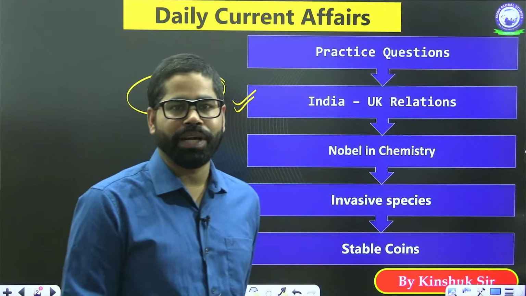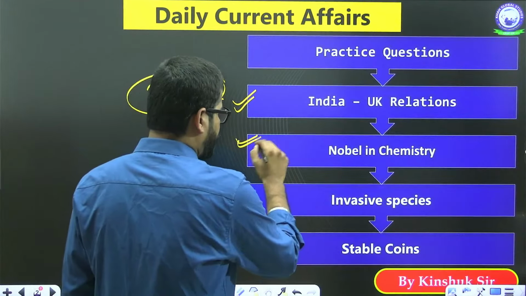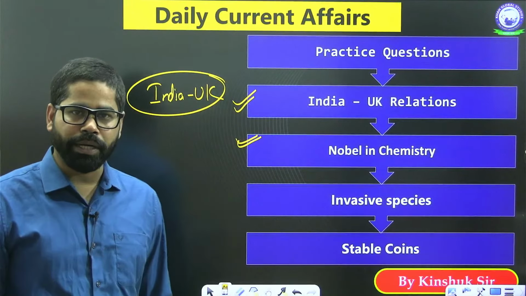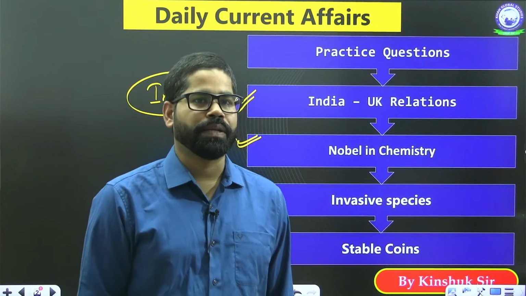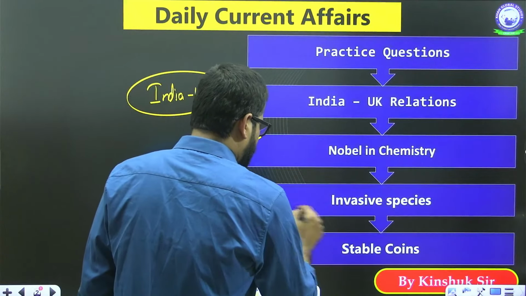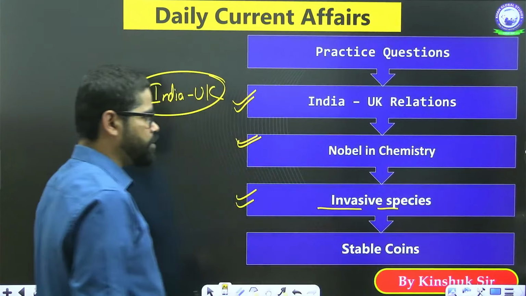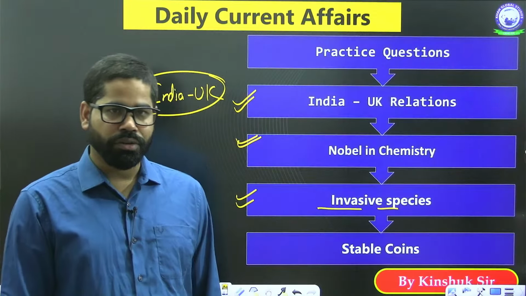The second thing we are going to discuss is the Nobel Prize in Chemistry, and for what purpose it has been provided. The third is invasive species, some of the invasive species in case of India.